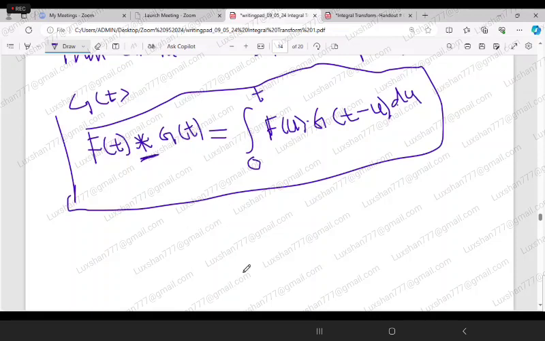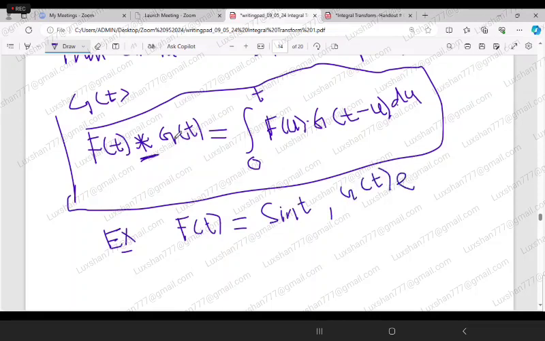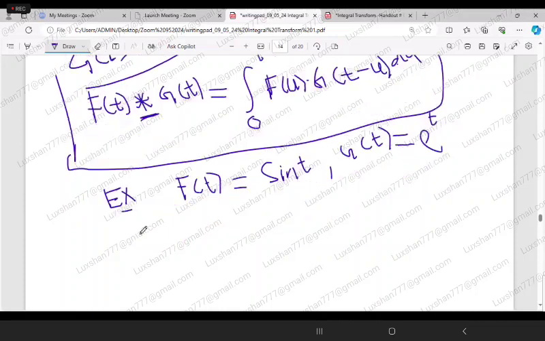Say for an example, if f of t is equal to sine t, then g(t) equal to, say, e to the power t, then the convolution between f and g is given by this integration.